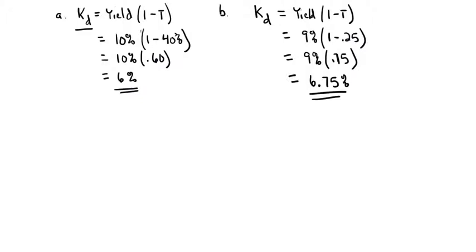Well, first of all, the after-tax cost of debt went up, right? And it went up primarily because even though the yield, or the cost of debt, the yield on the debt went down, the tax rate and the benefit of having debt is that you can write that off against taxes.